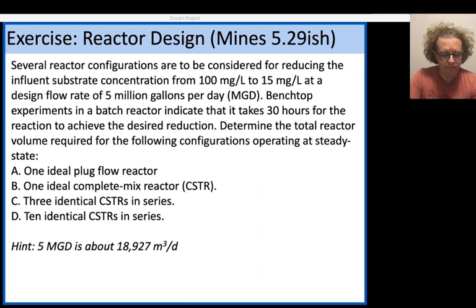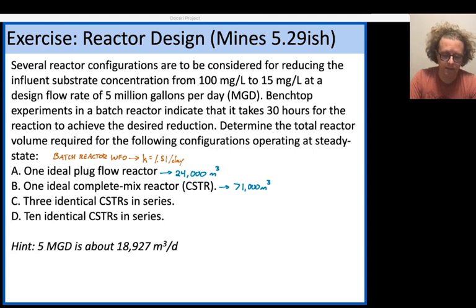So we've got a couple of options: plug flow reactor, mixed flow reactor, and then a couple of CSTRs in series. So 3 tanks or 10 tanks in a row. From the given information about a batch reactor, you should be able to make your way to a first order rate coefficient of about 1.51 per day.